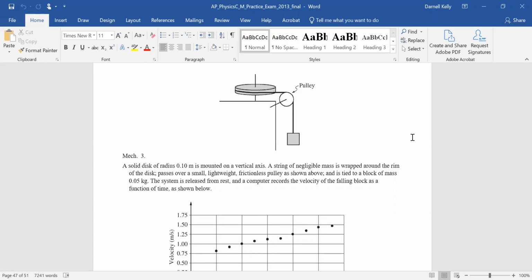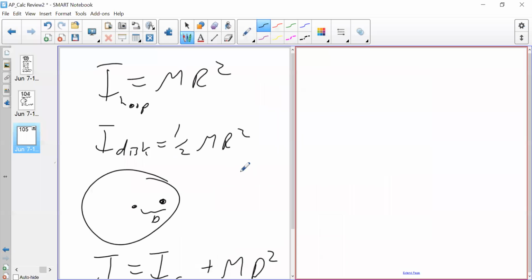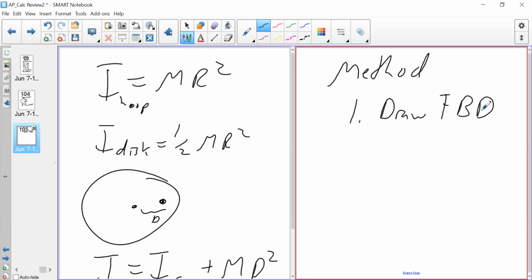So in this situation, we know it's a rotational motion problem. What's the method with these types of questions? The method for rotational problems, there's no particular order, but draw your free body diagrams. You've got a pulley, and a pulley has a mass.